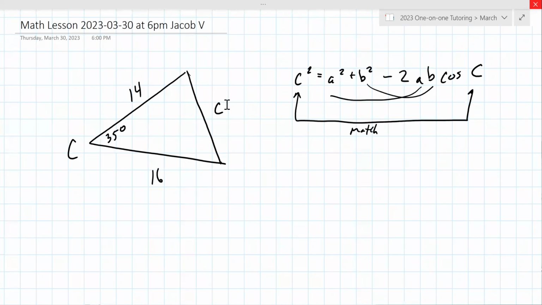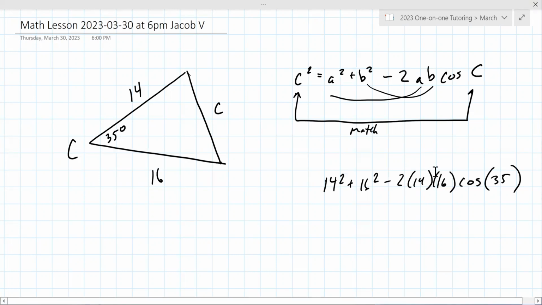You want to think of it as finding the opposite side from the two given sides and the angle between. So you get 14 squared plus 16 squared minus 2 times 14 times 16, notice I'm repeating those numbers, times cosine of 35 degrees.